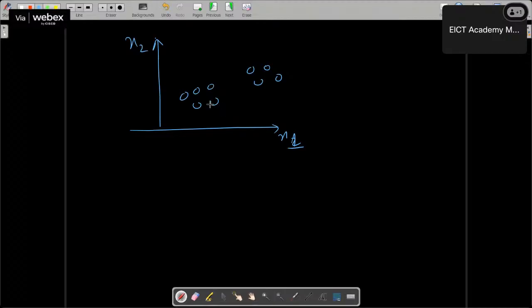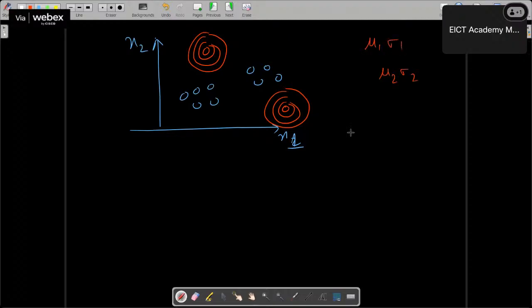So now we will make 2 random normal Gaussian distributions. Random. Okay. So 1 and 2. Random. Anywhere we can draw these distributions. Any value of this mu 1 and sigma 1, mu 2 and sigma 2. We don't know any information about mu 1, sigma 1 and mu 2, sigma 2. Okay.